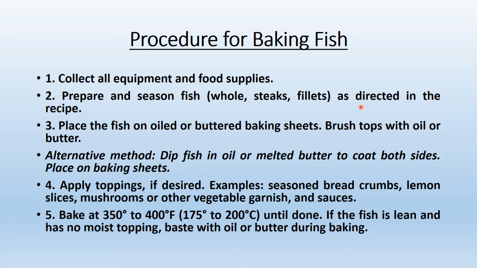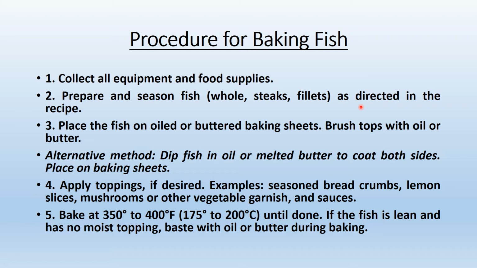If you have a big snapper and you want to bake it, you know that it is going to be dry, right? Meaning it is lean. So during your period where you're baking, you take it out of the oven, and of course you're going to have your oil or your butter on hand with a small brush. You're just going to be dipping your brush in the oil or your butter, and you're going to be basting again and put it in.